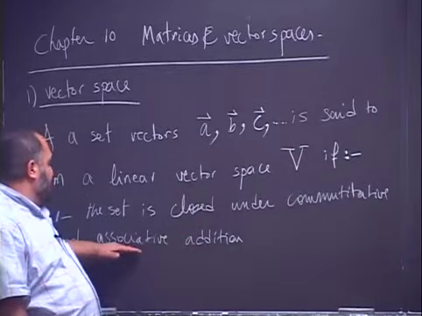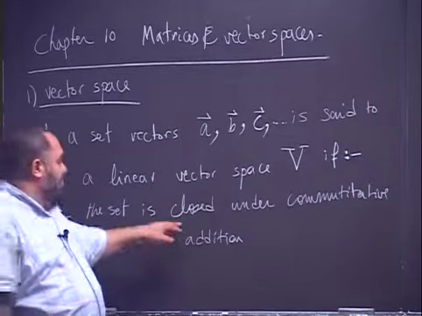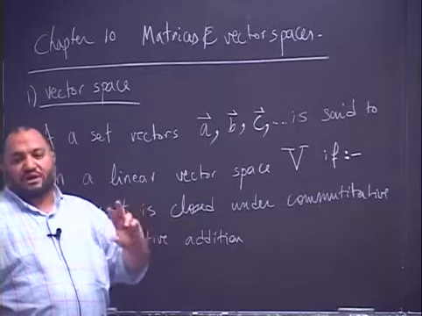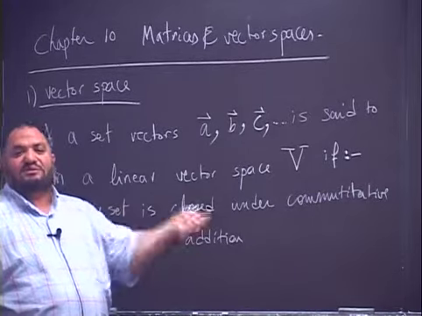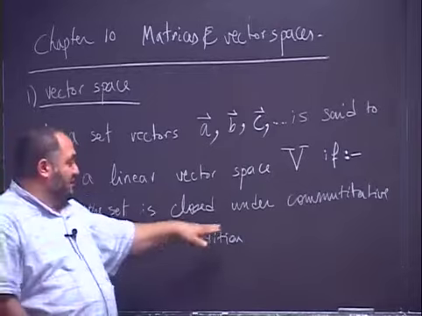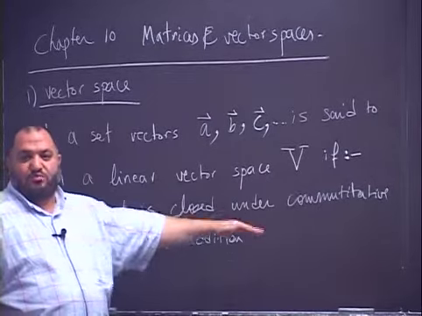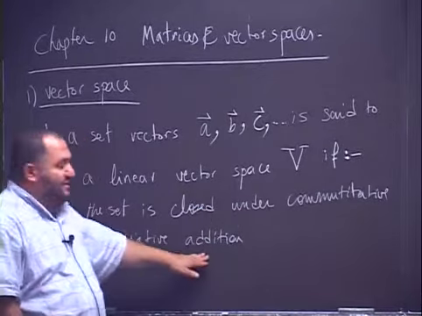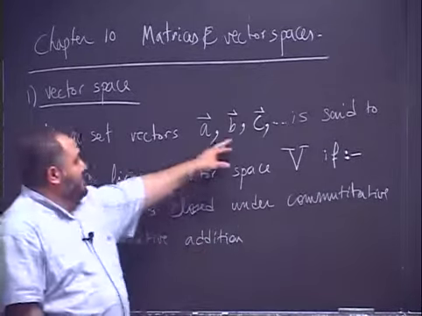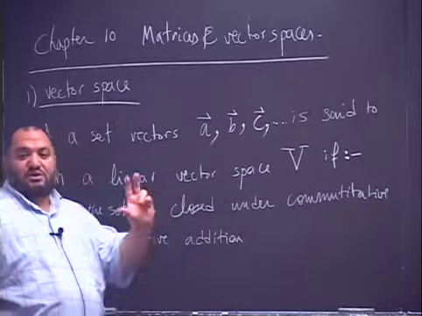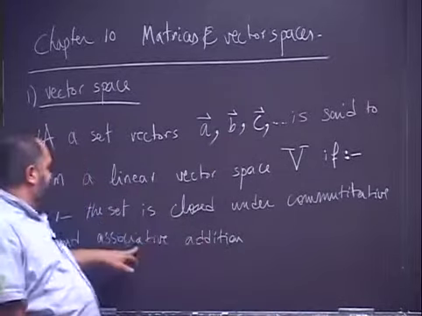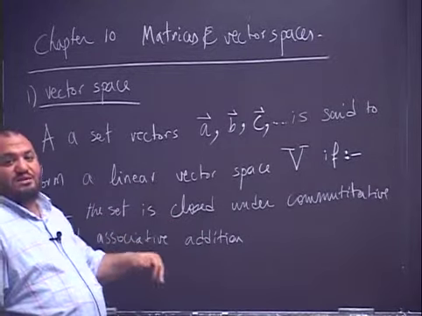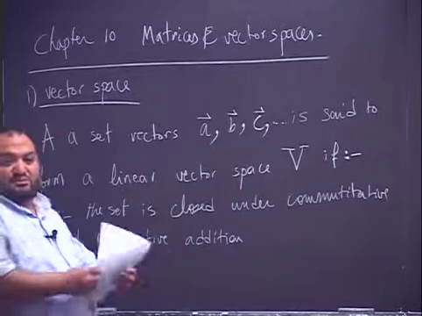If we have this definition, we will say that the set is closed because any result of the addition will be an element that exists inside the same set. This is why they call the set closed under the operation. In this case, the set is closed under commutative and associative addition. So if we add any of those vectors together under commutative and associative manipulation, it will be another element inside the same set. This is why the set is closed.